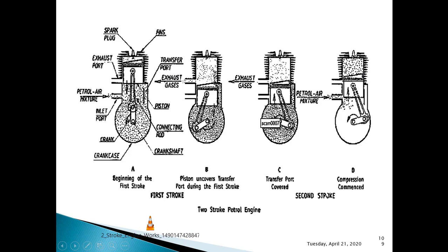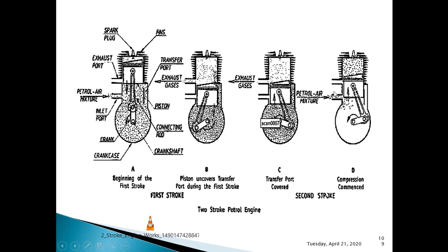You can see here the compression is taking place as well as suction. And here power is taking place, still the suction is taking place, and the power stroke and exhaust are also taking place. So that's why I told you that in this case suction and exhaust will not take place in a separate stroke. They take place along with the power stroke and compression stroke.